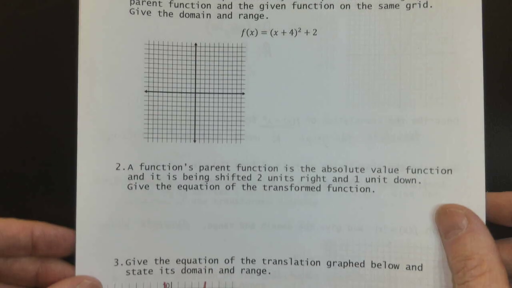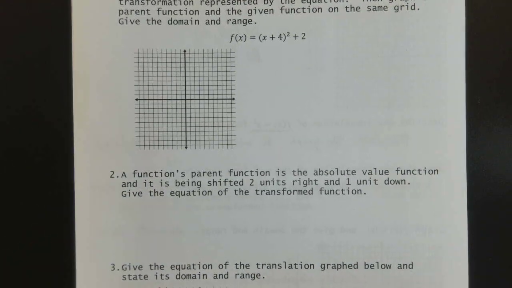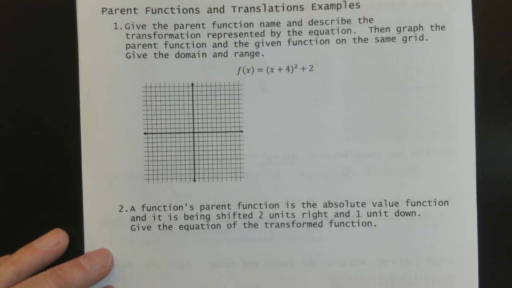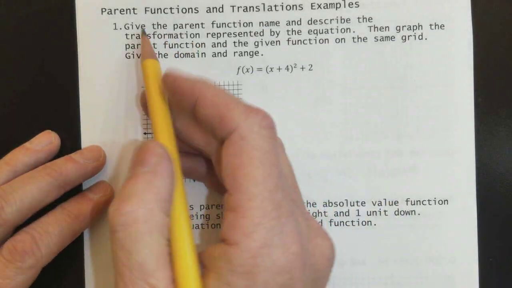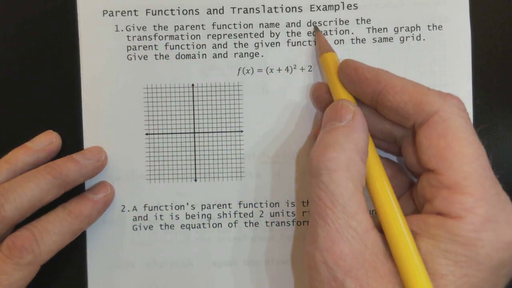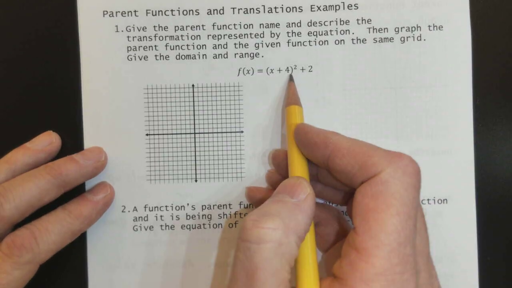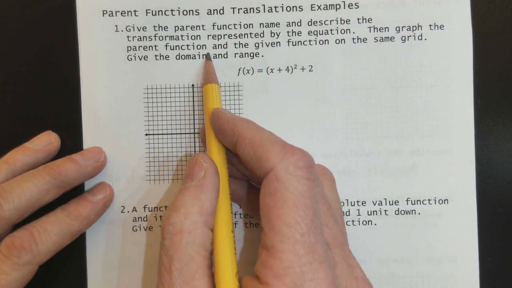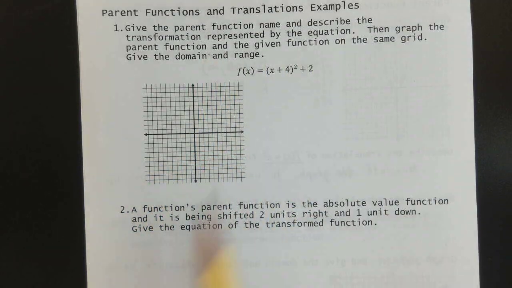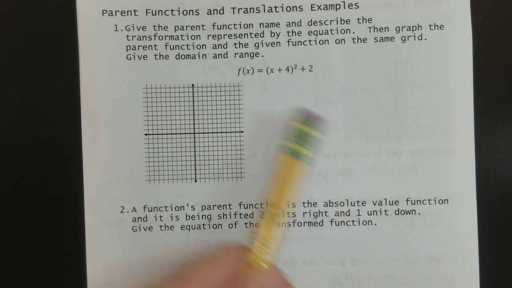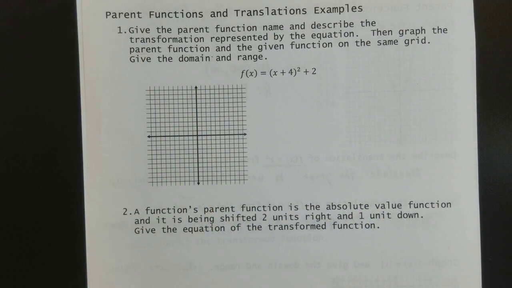Okay, let's work on this next page together. We are going to give the parent function name, describe the transformation represented here, then graph the parent function, and give the parent function and the given function on the same grid, give the domain and range.